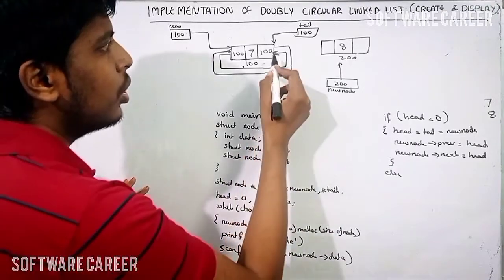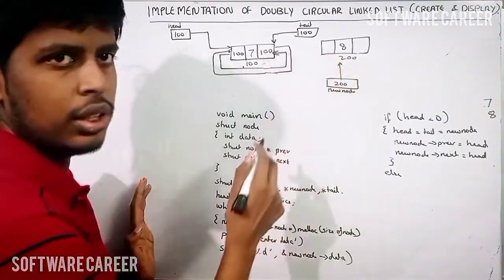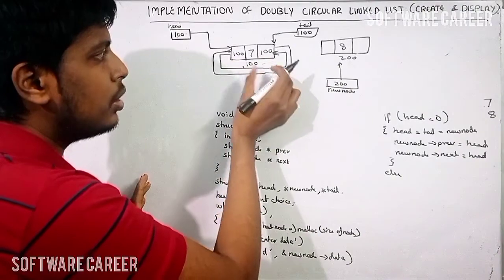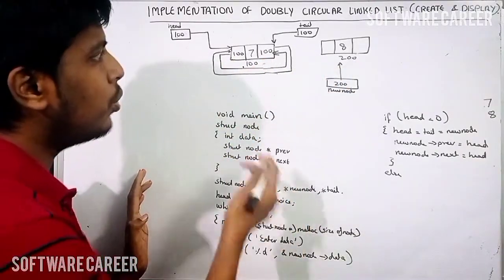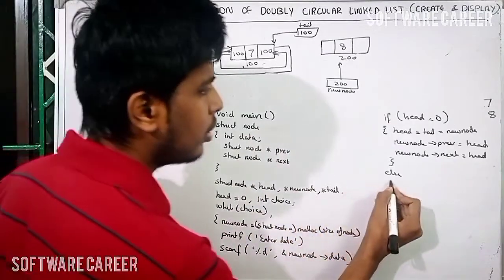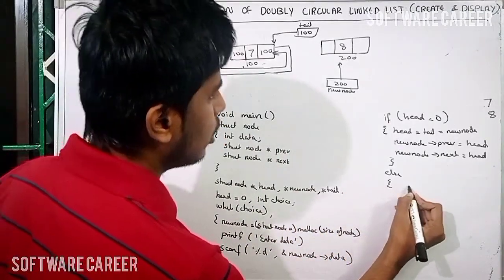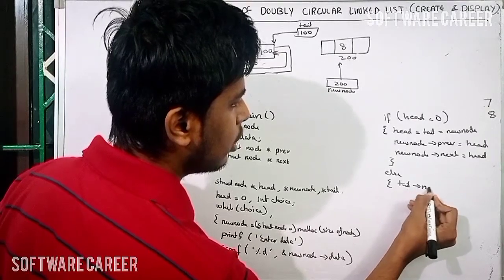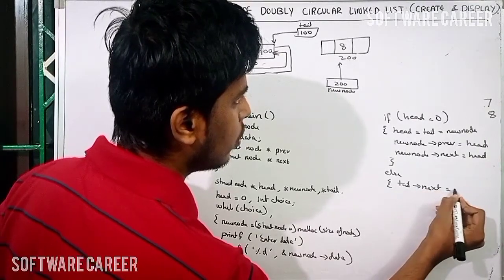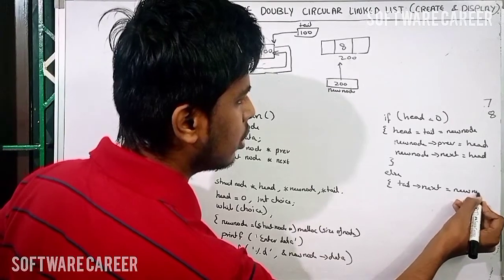First step is you should create a forward link here. That means the next pointer of this node should contain the address of this node. So how to make it? See here, I am writing the code: tail next equals to new node.